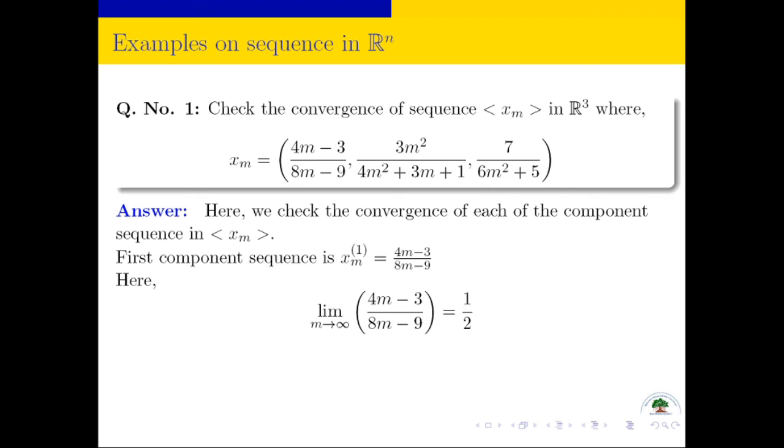Okay, so see here, the first component sequence is xm1, and it is 4m minus 3 upon 8m minus 9, and if we take the limit of that term as m tends to infinity, then you will find that the limit is 1/2, which means that the limit exists. Therefore this sequence is convergent and converges to the point 1/2. So the first component sequence is convergent.